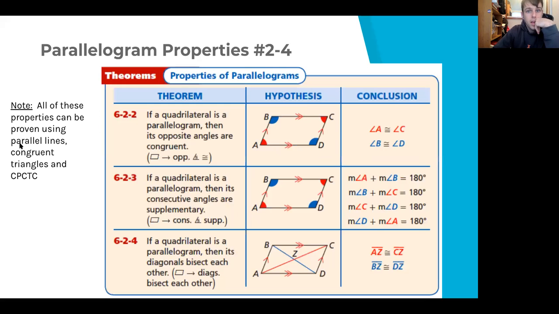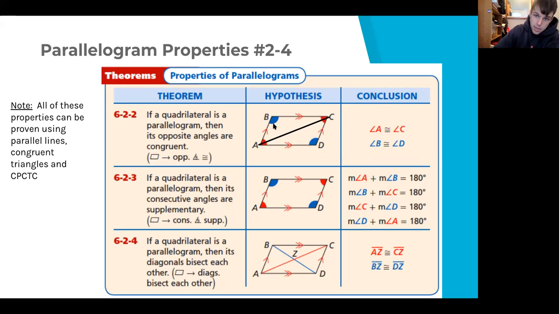Okay. Here are the next two properties. We have that opposite angles are congruent. So angle B and D, angle A and C. Opposite means they are across the shape from each other. So easy enough, A and C diagonally across, B and D diagonally across. Again, very similar idea. If we sketch in a diagonal, it's really easy to show that these two triangles are congruent to each other.